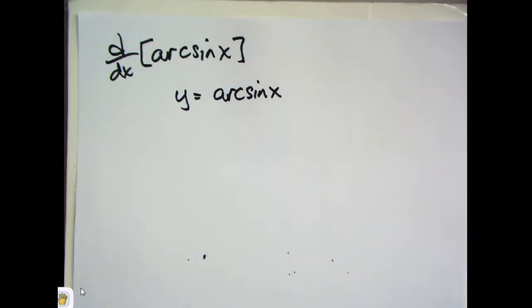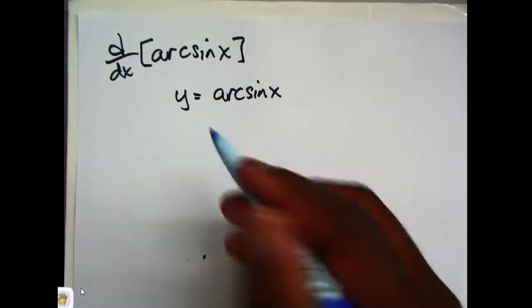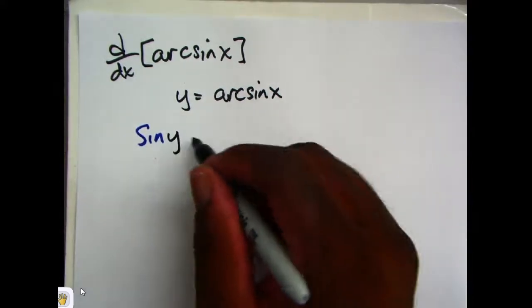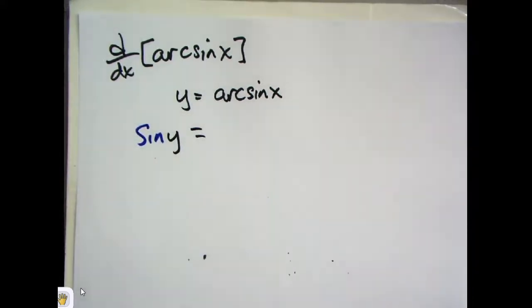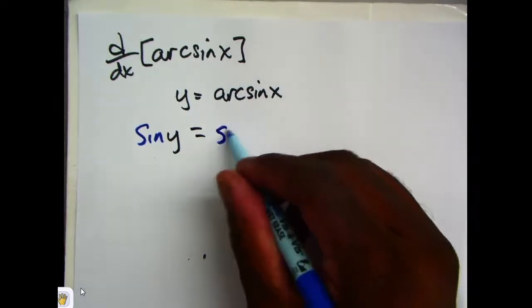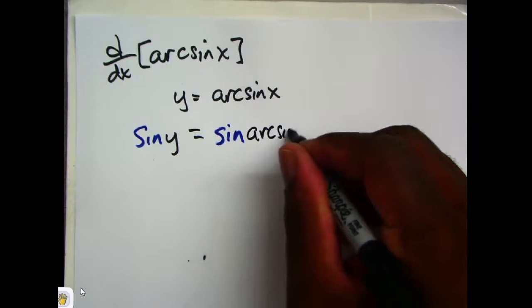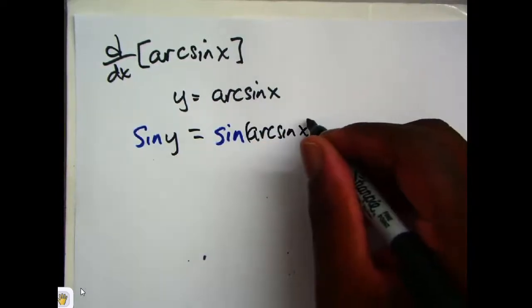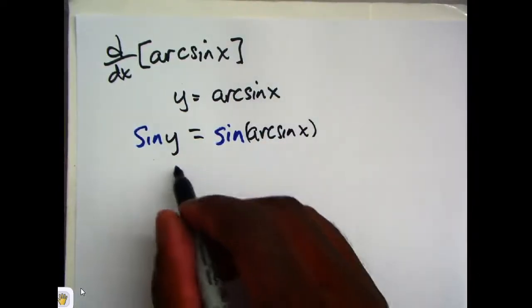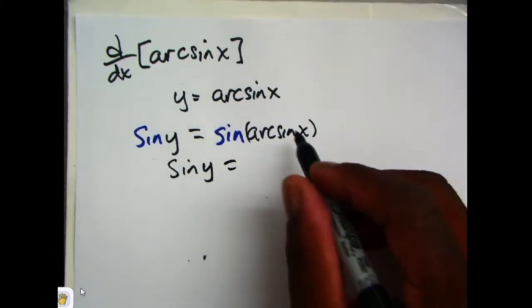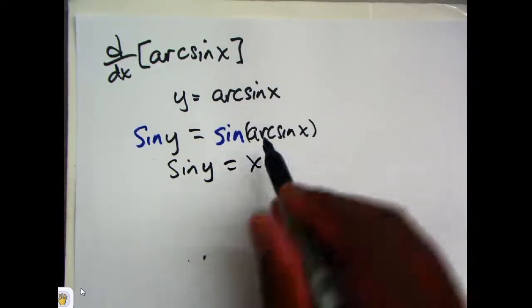So arcsine, or inverse sine, and sine, they're inverse functions of each other. So if we take the sine of both sides here, sine of y equals the sine of the arcsine of x, what ends up happening is we get the sine of y is equal to x.